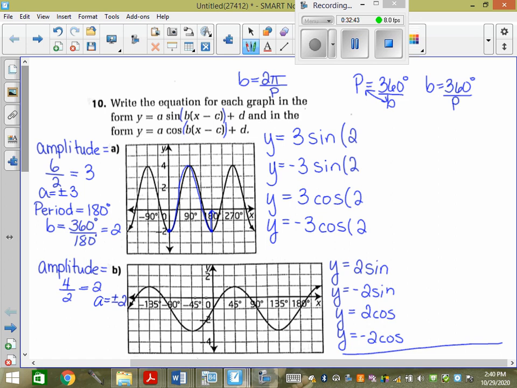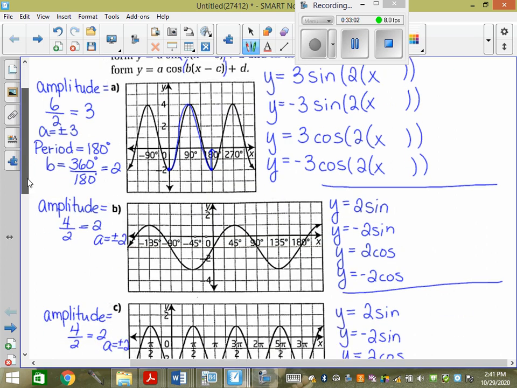Then I'm going to go to X, and I find my C last because it's the only thing that's different on all of the equations. What's the period of this graph?